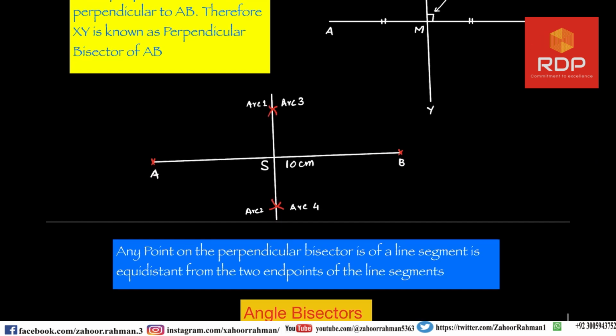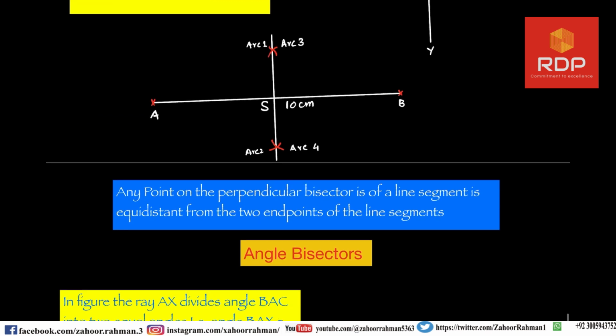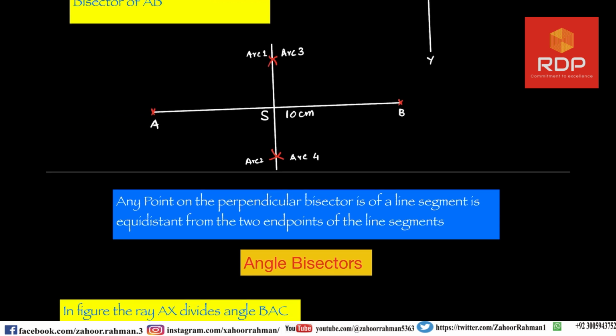Let us see that AB is a straight line of 10 centimeters. So we are drawing this line with a ruler, and that will be 10 centimeters.